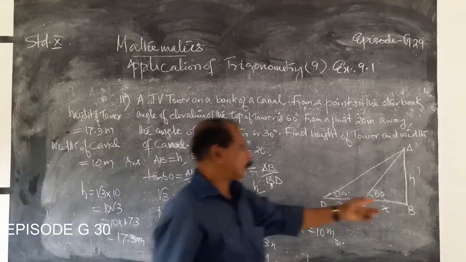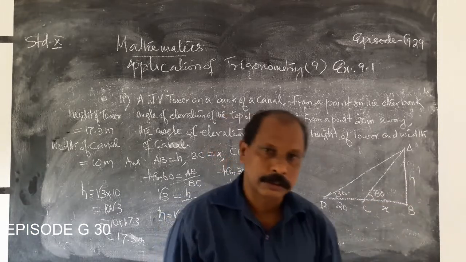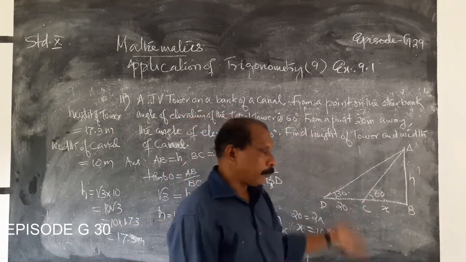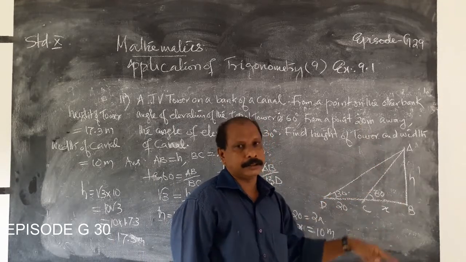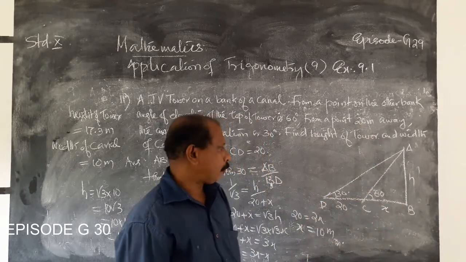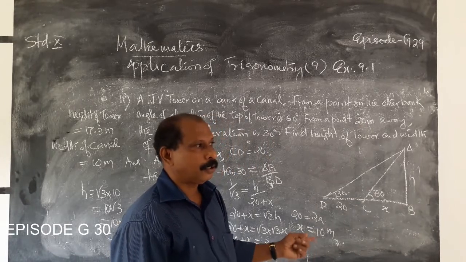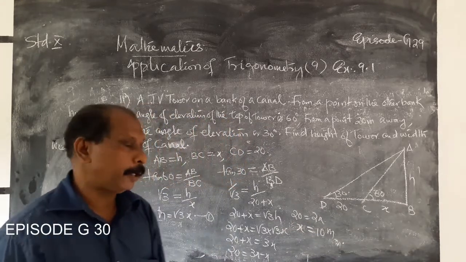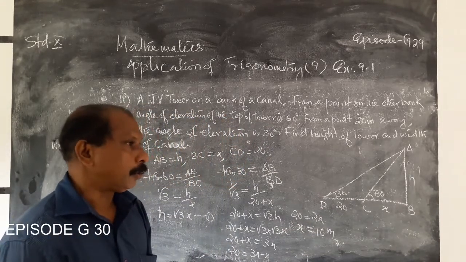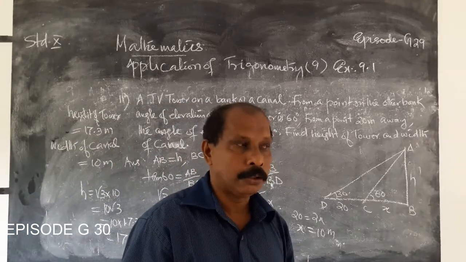From the first one, we get the relation between these two, that is h is equal to root 3 x. From the second, 1 by root 3 is equal to h by 20 plus x. Therefore, 20 plus x is equal to root 3 h. h is replaced by root 3 x, therefore root 3 into root 3 x, that is 20 plus x is equal to 3x.